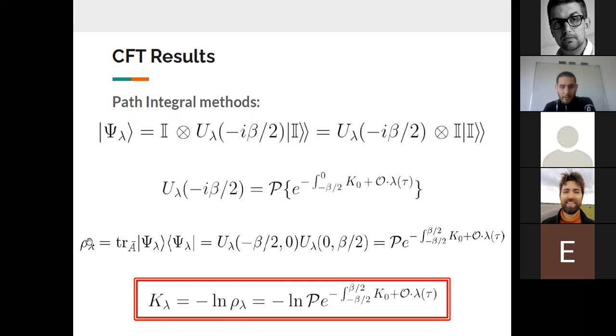And at least formally, one can write the density matrix for A. One just takes the trace over A bar, and by this property, one can move everything to the A space, and this trace on the A bar region is an almost trivial computation, and one is left with an evolution from minus beta/2 to beta/2. I think I missed an i here, but it's just the full Euclidean evolution.